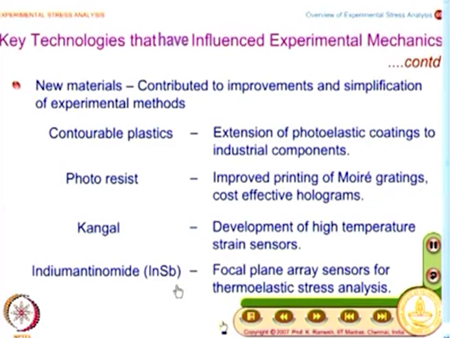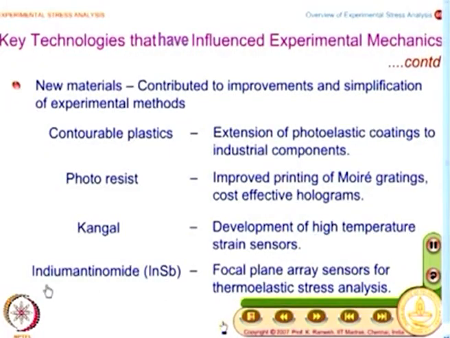If you look at one of the earliest methods for thermoelastic stress analysis, it used an equipment called SPATE, stress pattern analysis by thermal emission, which used only a single infrared detector. The technology at that time made it possible to have only a single infrared detector, and they had a scanning mechanism to record the phenomena, because it was meant for non contact special type of experiments.